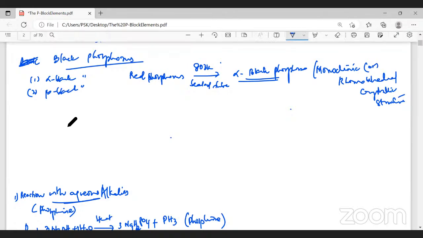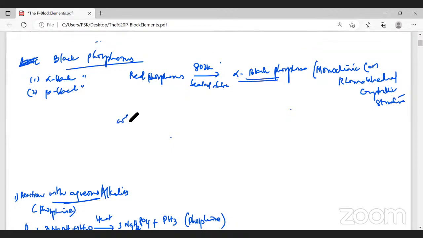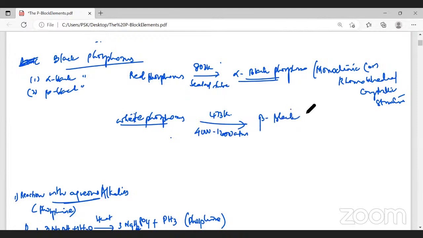Now this is alpha phosphorus. Now how can we prepare beta phosphorus? When white phosphorus is heated at 473 Kelvin and at 4,000 to 12,000 atmospheric pressure, you can see the extreme pressure, in an inert atmosphere of carbon dioxide or anything, we get beta black phosphorus.